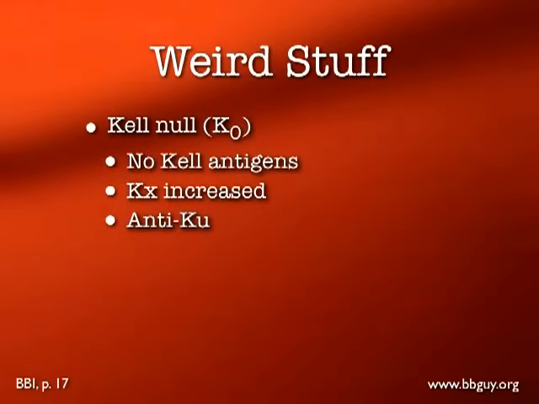A couple of strange things in the Kel system include the Kel null phenotype, or K sub 0. Basically, these people have no Kel antigens at all and have a paradoxical increase in Kx. Not hugely important there, but what is important is that they develop an antibody which is known as anti-Ku, or Kel universal, which reacts against virtually everyone's red cells except other Kel null people.